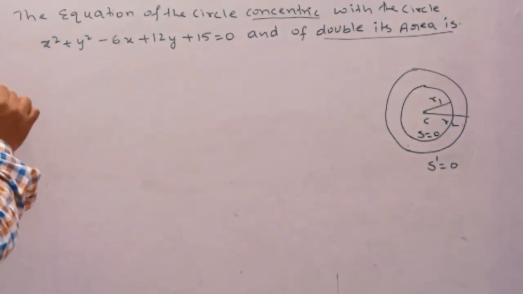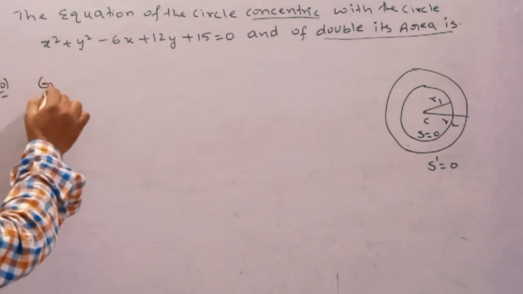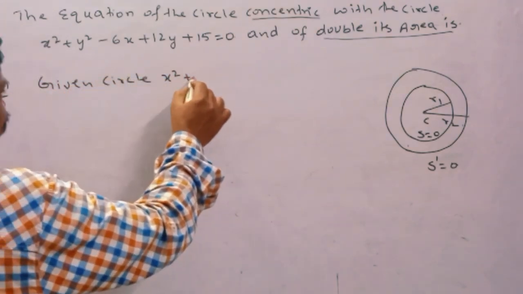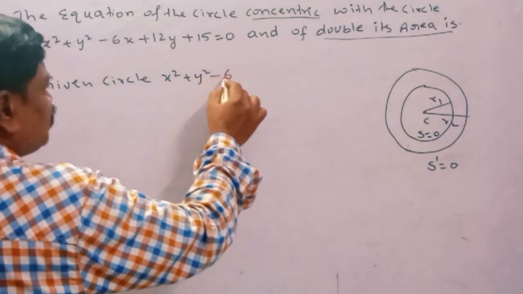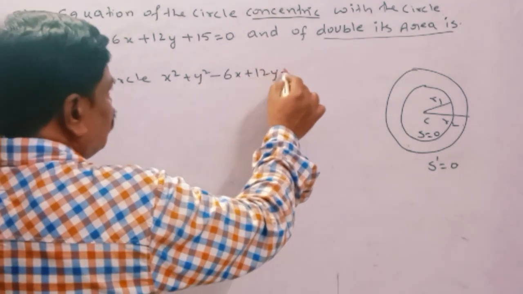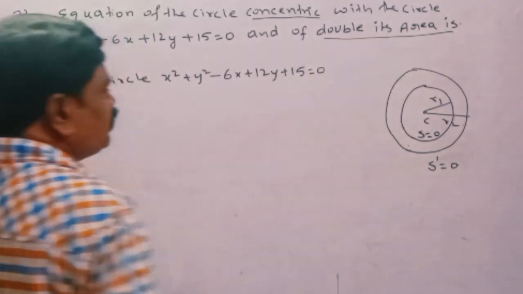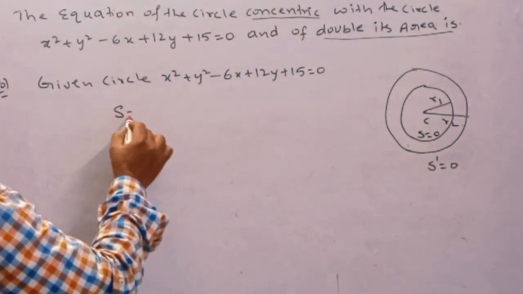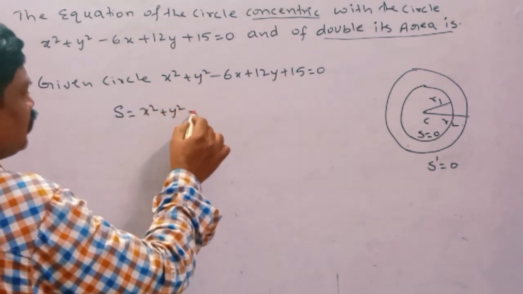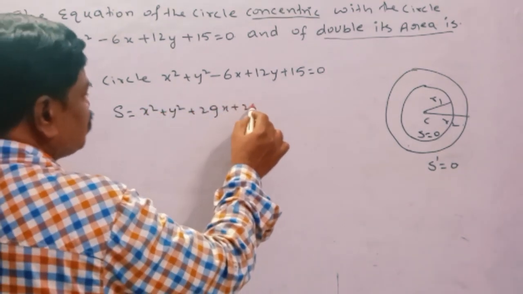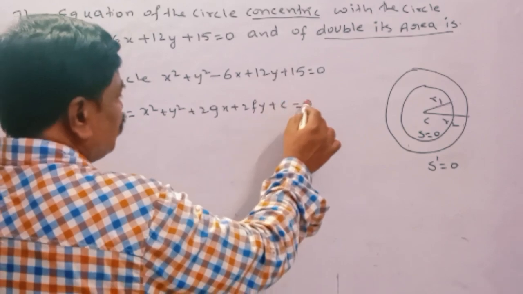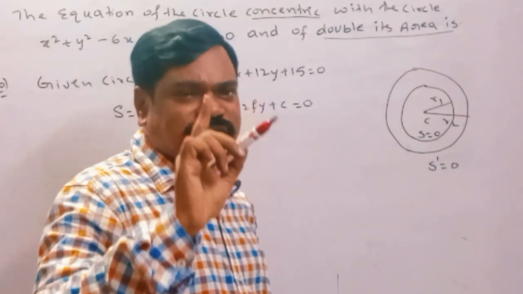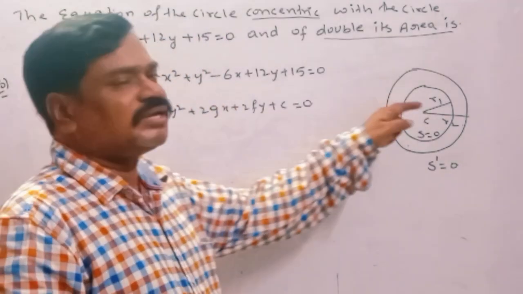So you see here, the given circle is x square plus y square minus 6x plus 12y plus 15 equal to 0. Compare this given circle with S equal to x square plus y square plus 2gx plus 2fy plus c equal to 0. Here, the two circles differ only in the constant; the centers are the same.